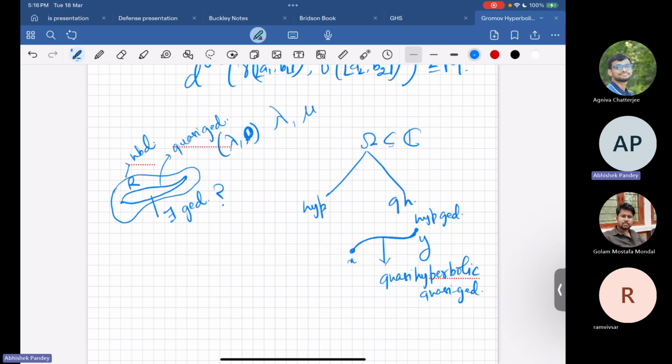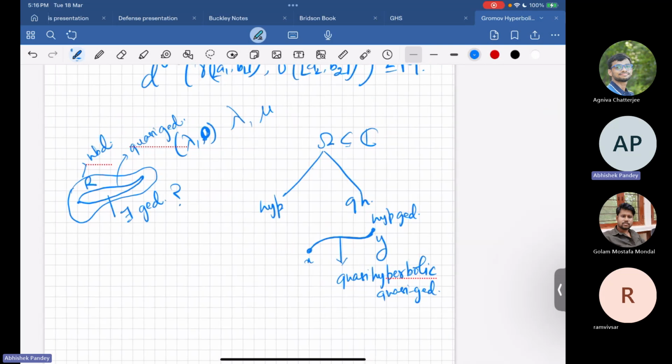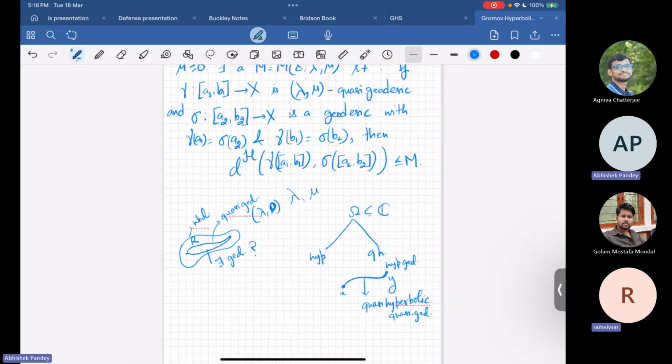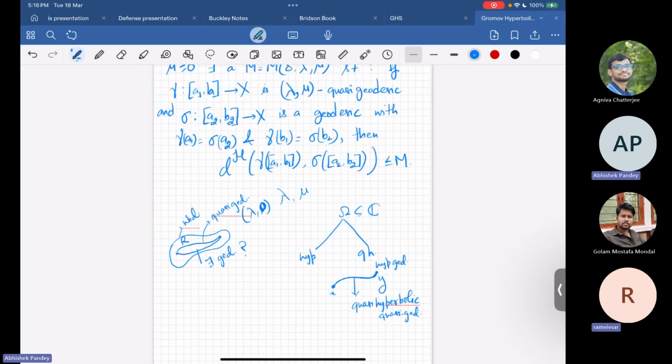Here R is arbitrary, like we are choosing that R. And you said if this is bi-Lipschitz, lambda, mu, then it will exist. No, I have not given any result.